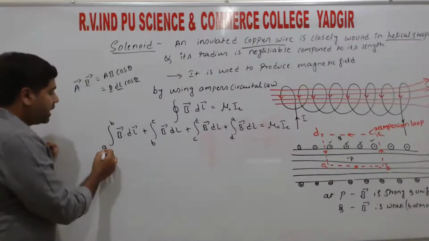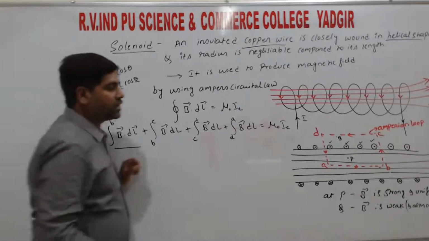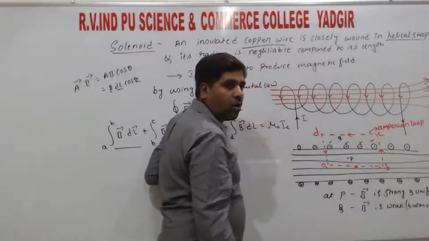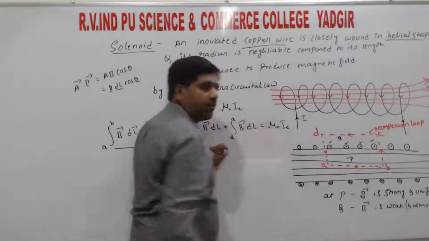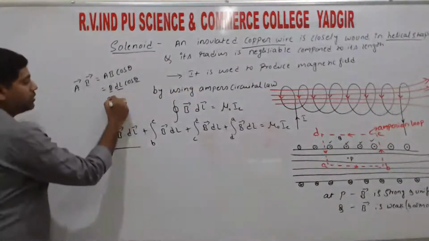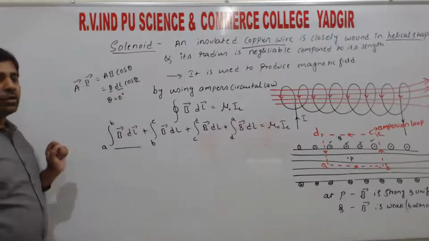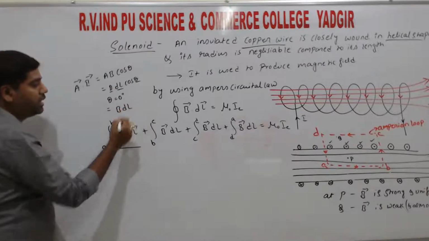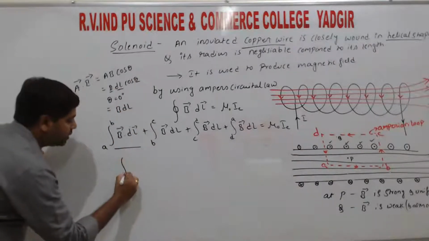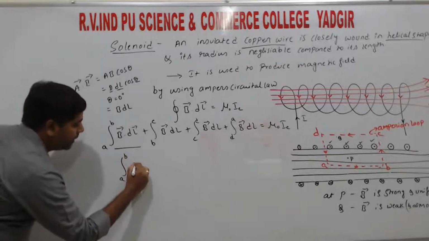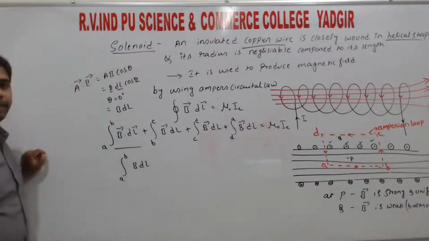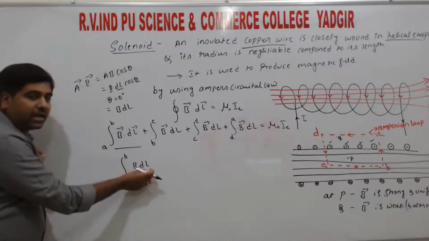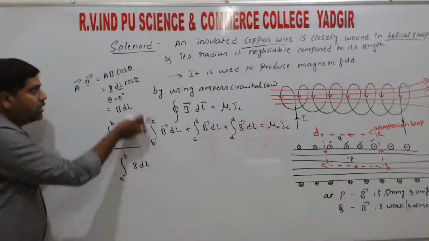So this is the first case. In the first case, the current element is along horizontal and the magnetic field is along horizontal. That means both are parallel, so theta is 0 degrees, and cos 0 is 1. So we get the maximum, B dl. Removing the vectors, we can directly write the magnitude B dl cos theta.